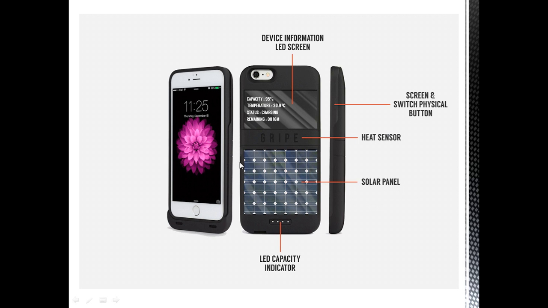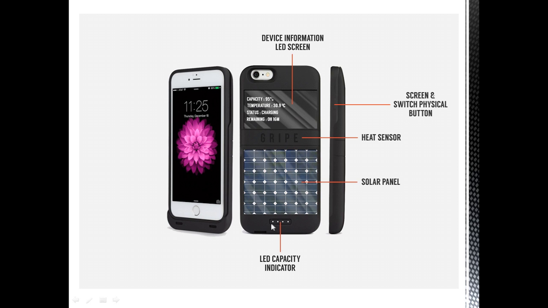Okay, for the solar panel, this function is to absorb energy from the sun, and it can charge the battery of the smartphone. The LED capacity indicator gives the status of the battery.